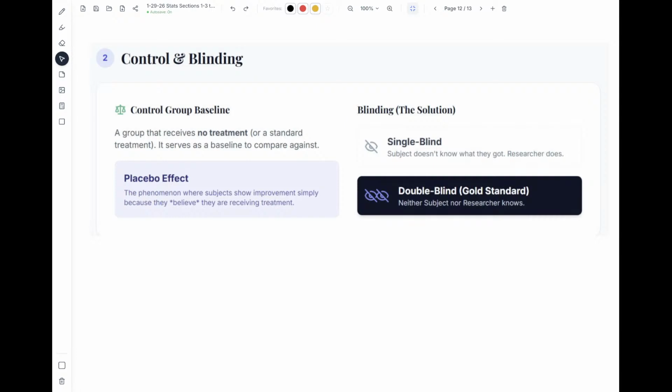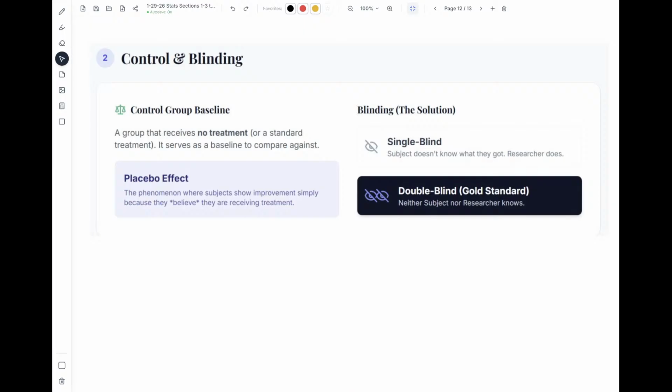Double blind, which is typically the way it's done, means even the researcher doesn't know which group you're in. Why would that matter? Why would it matter if your doctor didn't know? Yeah. To, I guess, avoid the doctor's bias in looking at the effects.